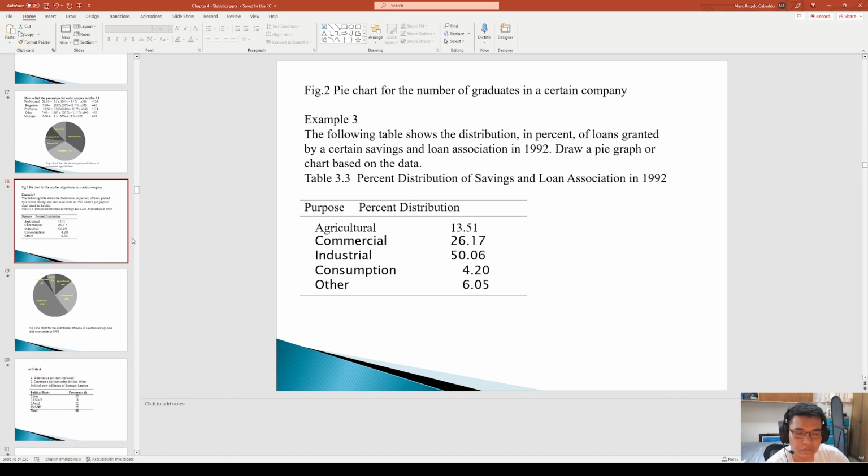So another example, a pie chart for the number of graduates in a certain company. We have here agricultural, commercial, industrial, consumption, etc. The same is true, you just have to total this frequency and the percentages will be computed, 13.51, the frequency all over the total.